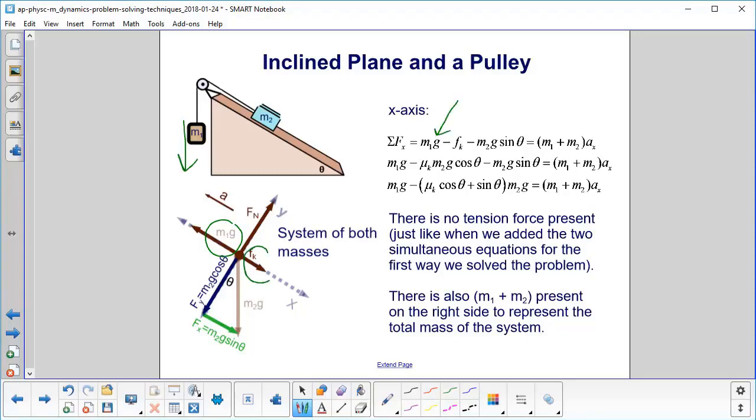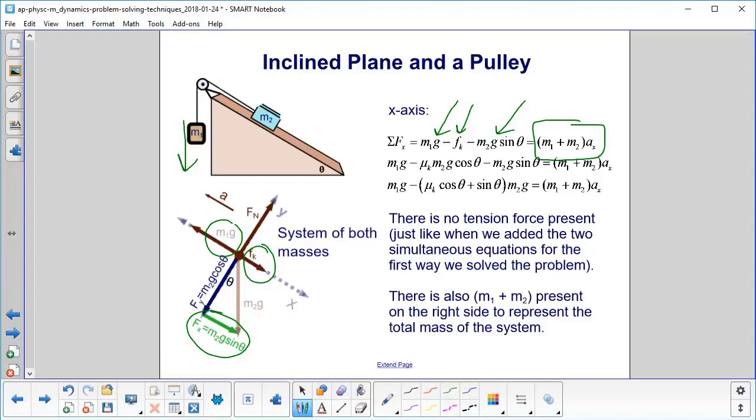We have friction force opposing the motion, and we have the gravitational force, which again is only acting on block 2, and that's M2G sine theta. And here's the key. That's accelerating the entire system, which is M1 plus M2 times A sub x.